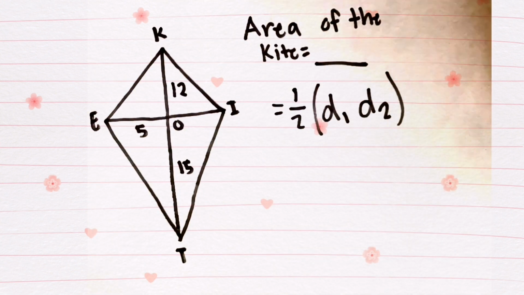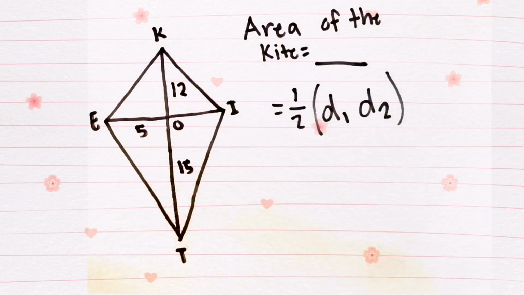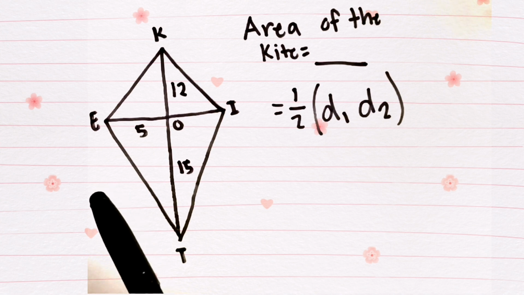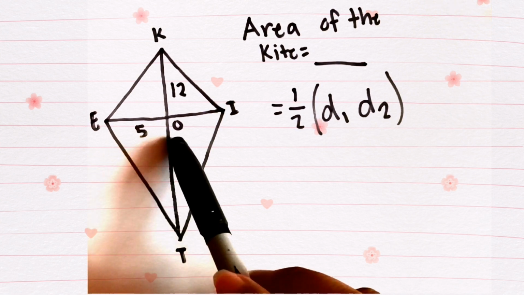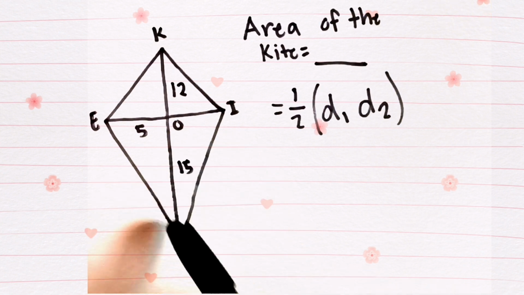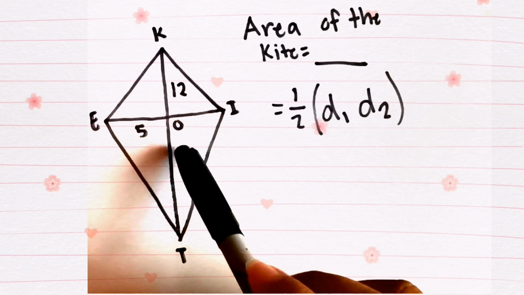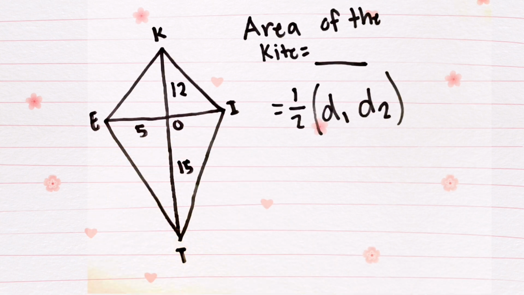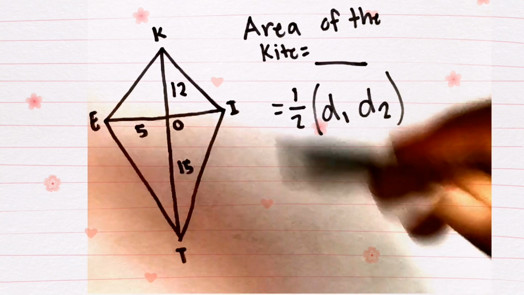Now we are going to find the area of the kite. We are just going to use this formula. So we are going to substitute diagonal KT and diagonal EI. The segment EO is given and it is 5, and since it is congruent to the segment IO, it means that IO is also 5, and the sum of the two is 10.